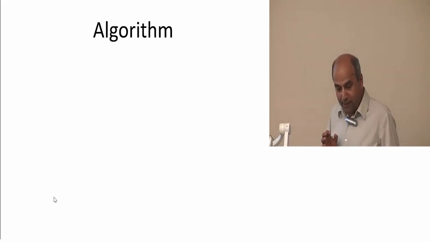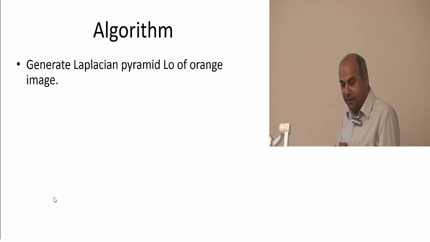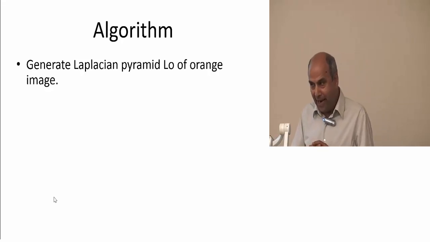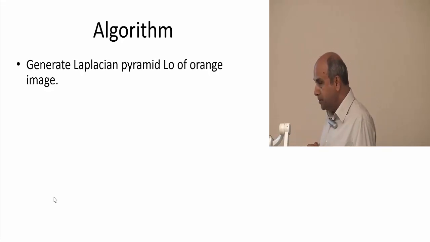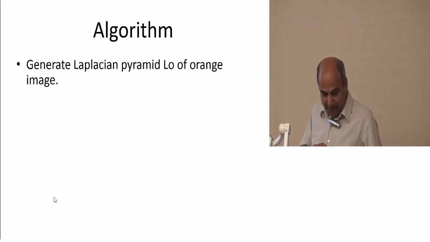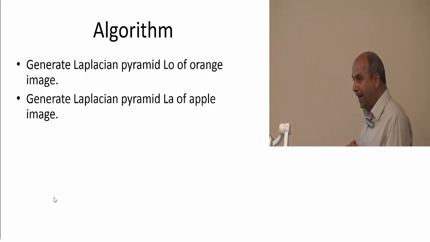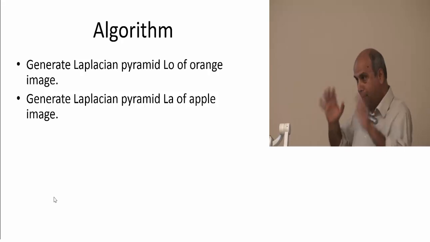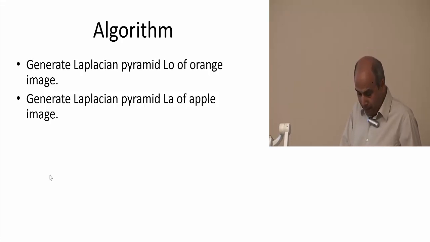So the algorithm will be that you will generate the Laplacian pyramid LO of the orange image, and you will generate the Laplacian pyramid LA of the apple image, and you know how to do it. I just explained to you.